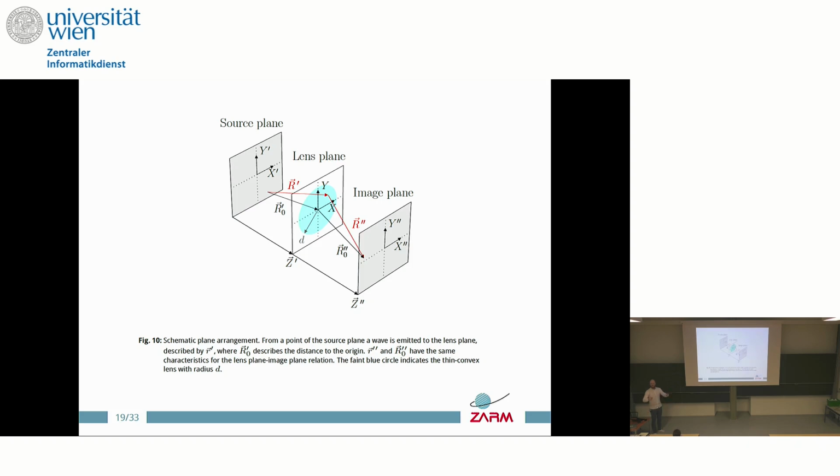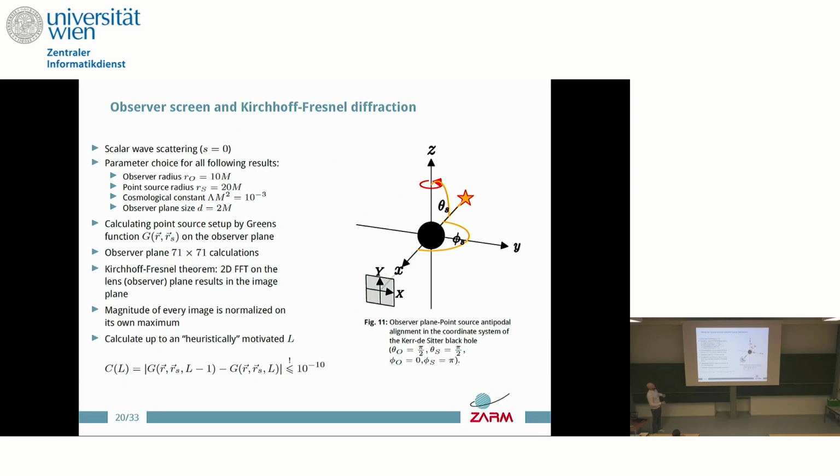So you will construct a coordinate plane on which you then observe the interference pattern I was just talking about. So I can show it on this slide. This is, in this sense, my lens or observer plane, and this information already encodes the image plane I want to observe.